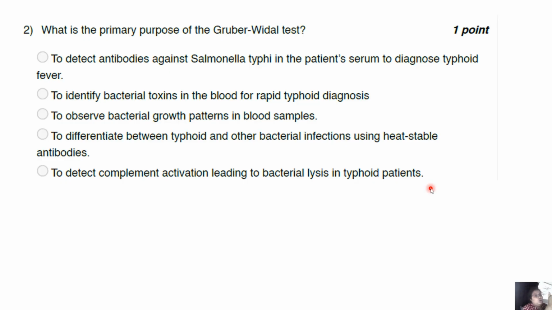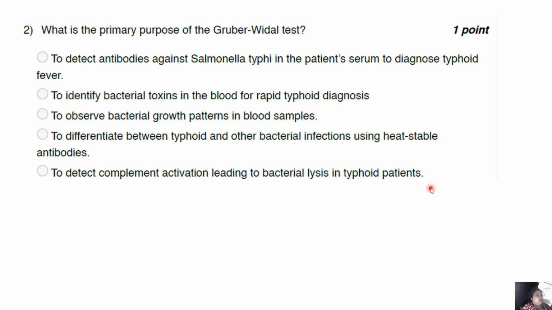Option C, to observe bacterial growth patterns in blood samples. Option D, to differentiate between typhoid and other bacterial infections using heat-stable antibodies. Option E, to detect complement activation leading to bacterial lysis in typhoid patients.